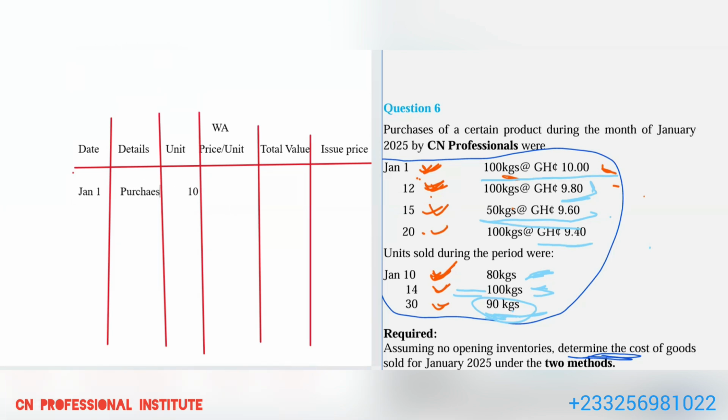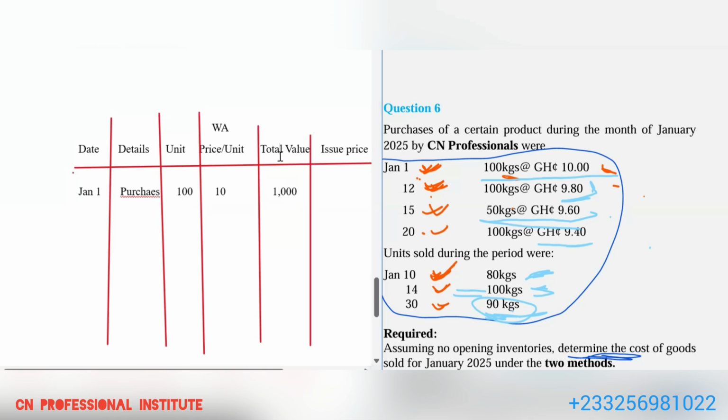So it was purchases that we made. Quantity was 100 kg. Then price per unit is 10. Total value is 1,000.